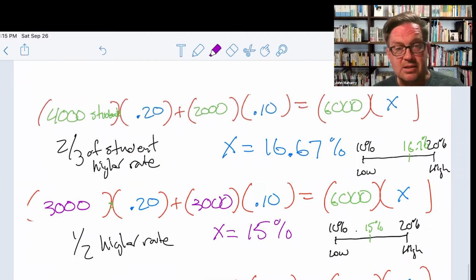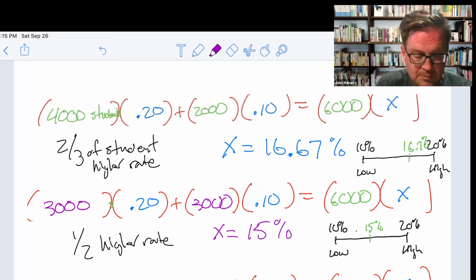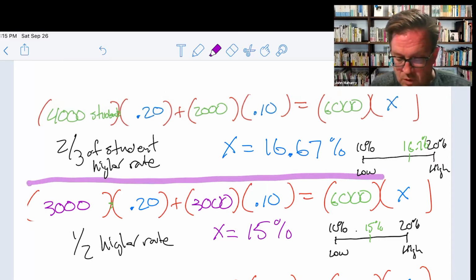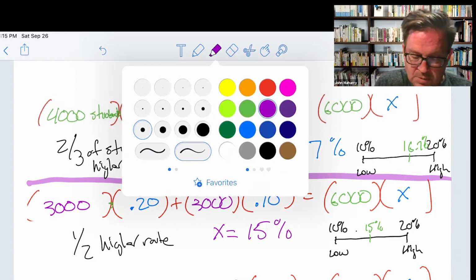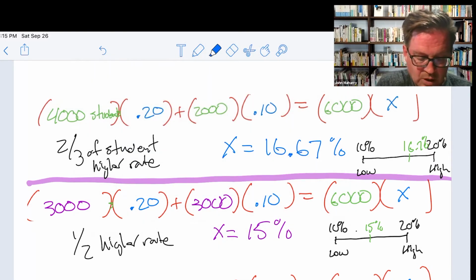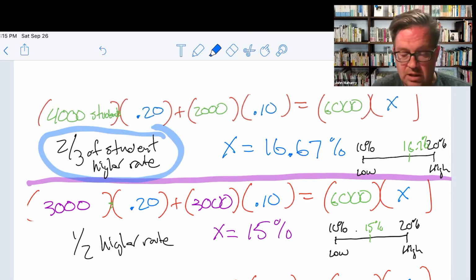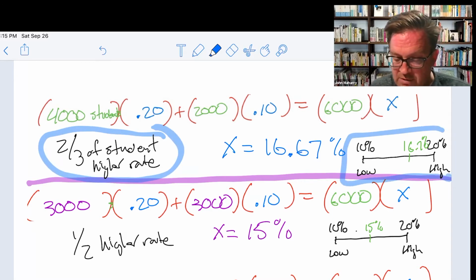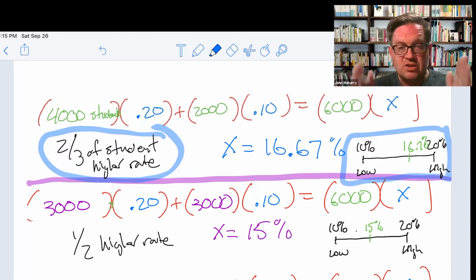So this is a little messy, a little bit over the top, but let's see. In the first case, let's pick a different color here, blue. Of the 6,000 students, 2/3 were at the higher rate. And so what that means is we've kind of gone from 10 to 20. The low is 10 and the high is 20.